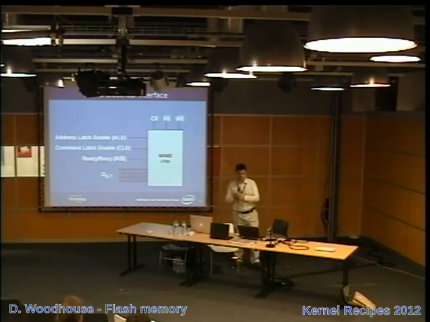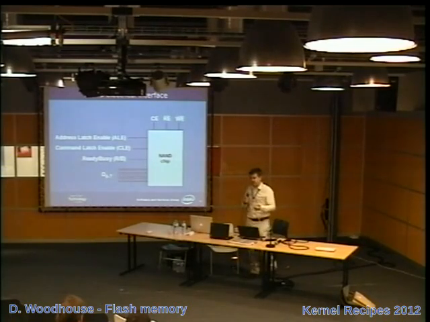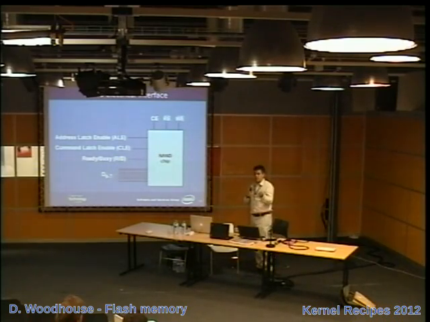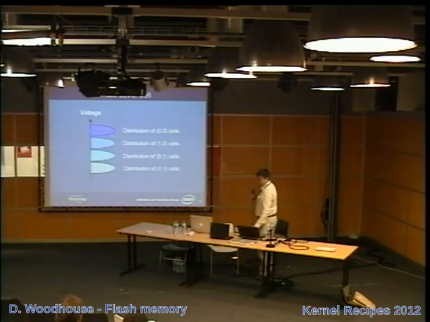So it's a very simple electrical interface, and it's usually very simple to replace one chip with another because they all have the same interface. If you put a larger chip in, you don't have to suddenly find extra address lines from somewhere and wire up extra pins to it. So it's relatively simple to change chips, to probe the chip and to discover what it is.